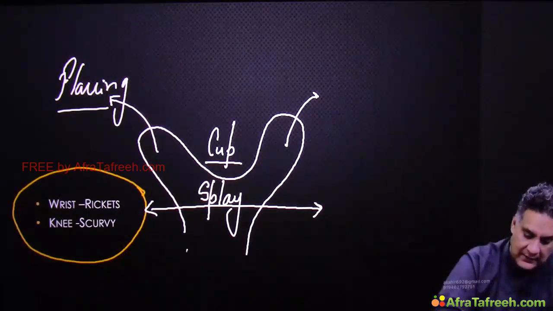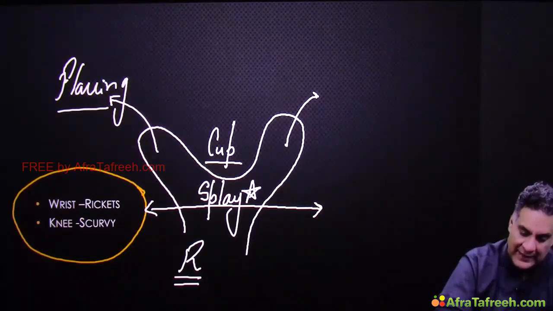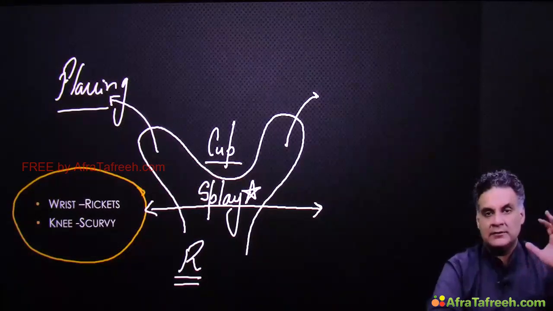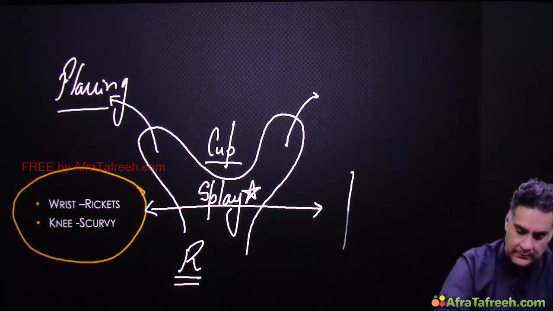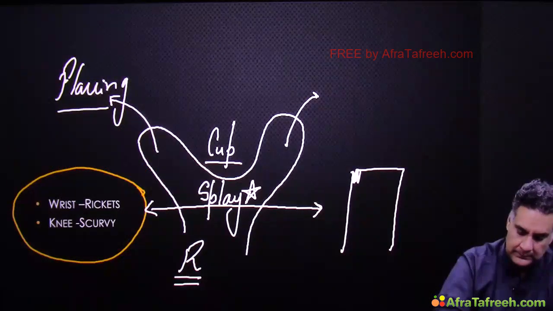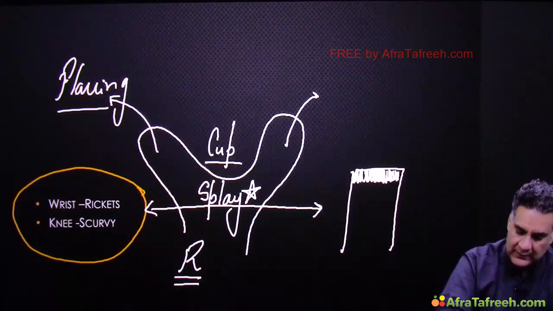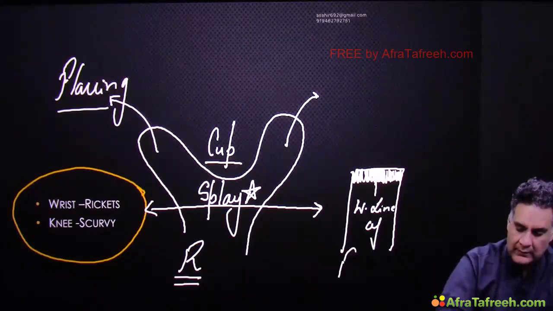This is classically seen in rickets, and splaying, which means widening, is the most specific. So widening is rickets. Whereas, if you look towards the end of a bone, there is a white line towards the metaphysis called the white line of Frankel.